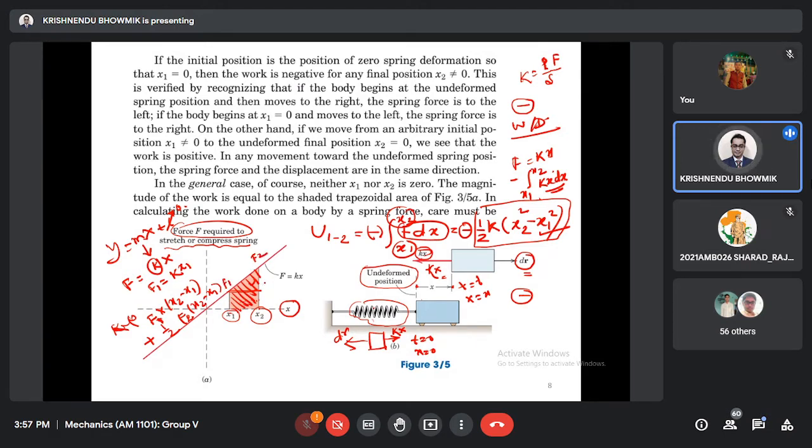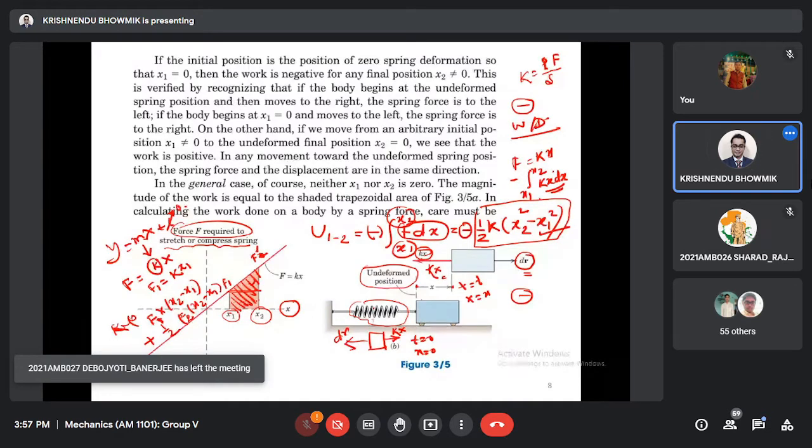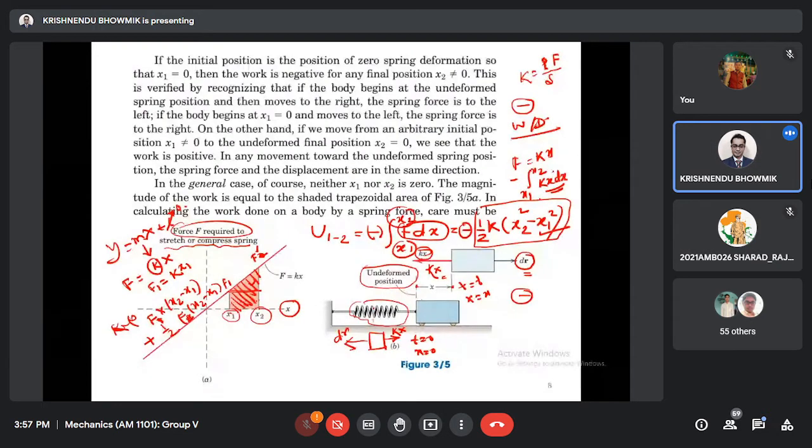Now here I should write f prime, but f prime we should take care of like this.